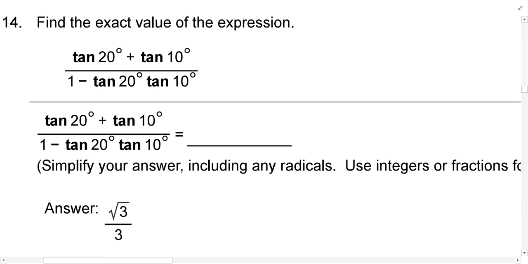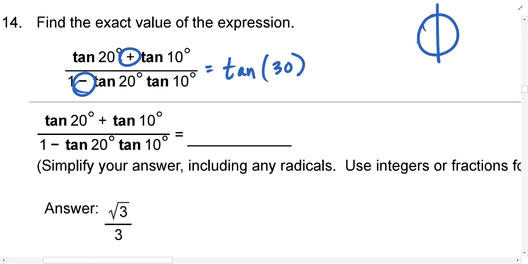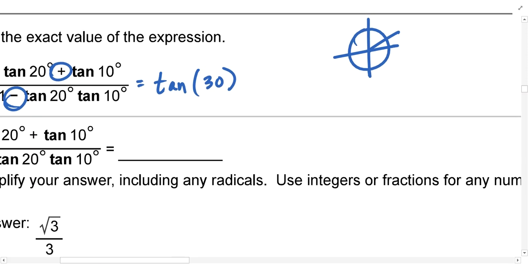For number 14, clearly we're dealing with a bunch of tangents, so this is the sum or difference identity for tangent. With the plus sign at the top and the minus sign at the bottom, this is the sum identity for tangent. So we're talking about tangent of 20 plus 10, which is 30. And at 30 degrees, the y-coordinate is 1/2. The x-coordinate is radical 3 over 2.